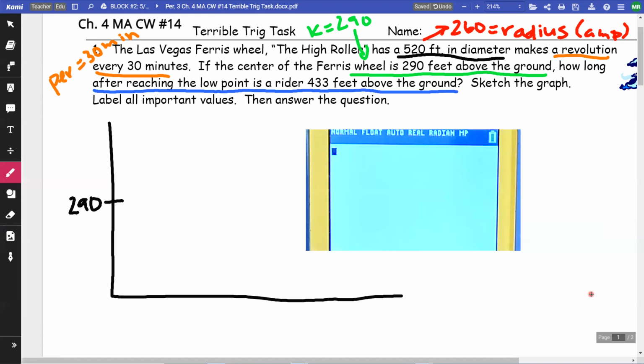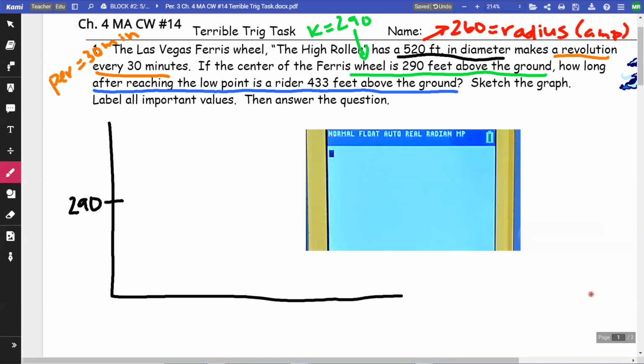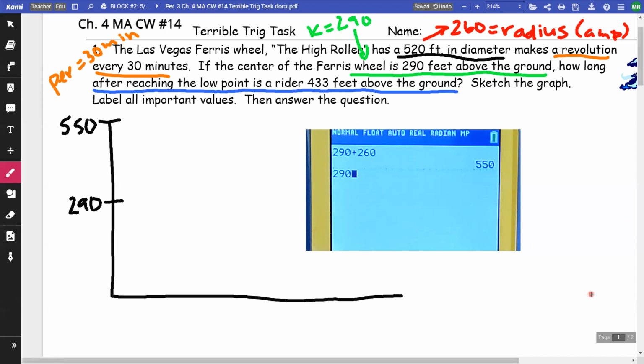I am going to take 290 plus my radius, which is 260. That's going to put me up at a high of 550. And I'm going to take 290 minus 260, which is going to give me my low, which is 30. So that's what I have so far.